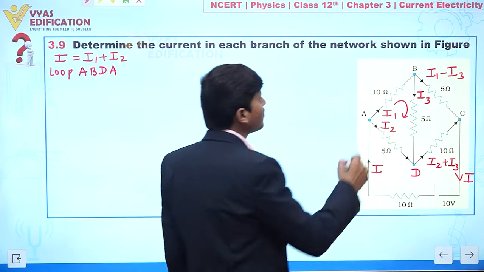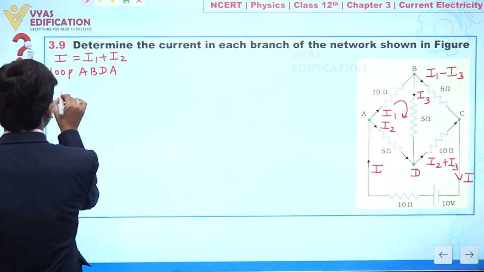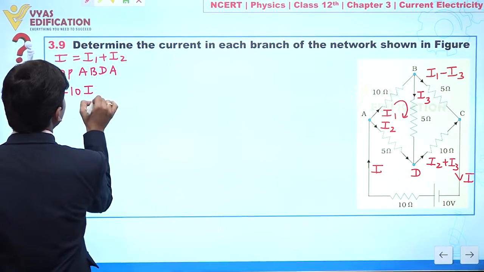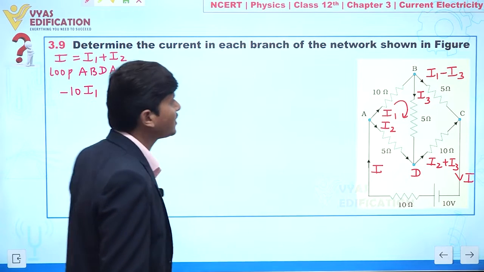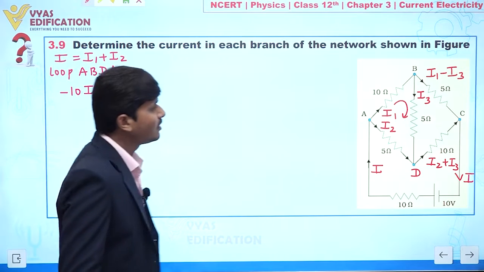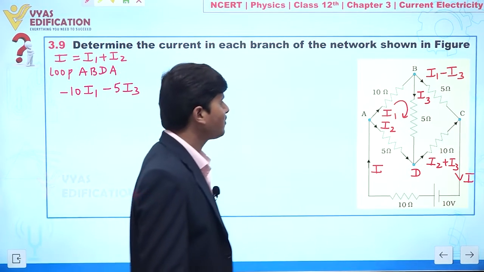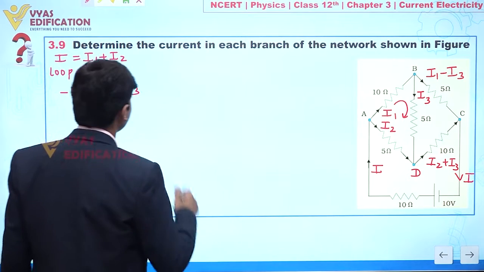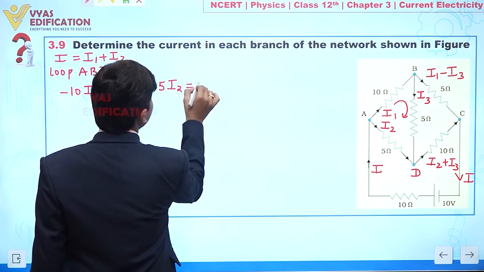From A to B I am going in the direction of the current, so I write minus 10 times I1. From B to D I am going in the direction of I3, so this is minus 5 I3. And from D to A I am going in the opposite direction of the current, so I take it positive: plus 5 times I2, and this should be equal to 0.